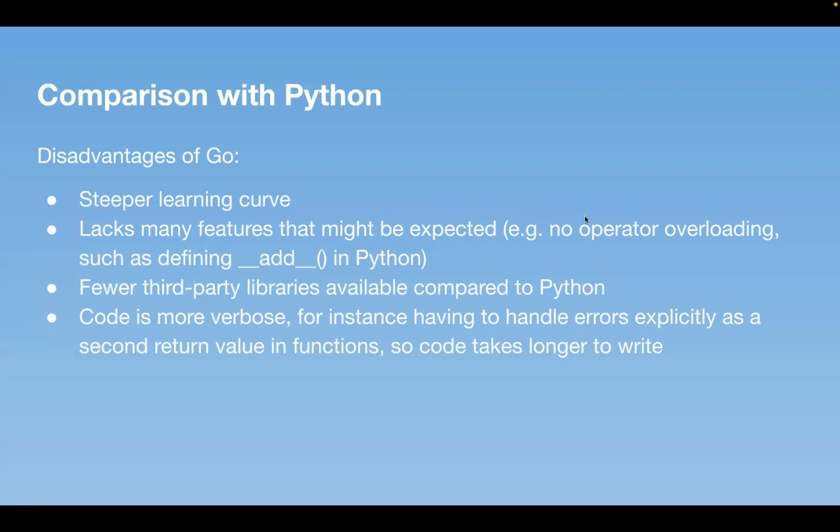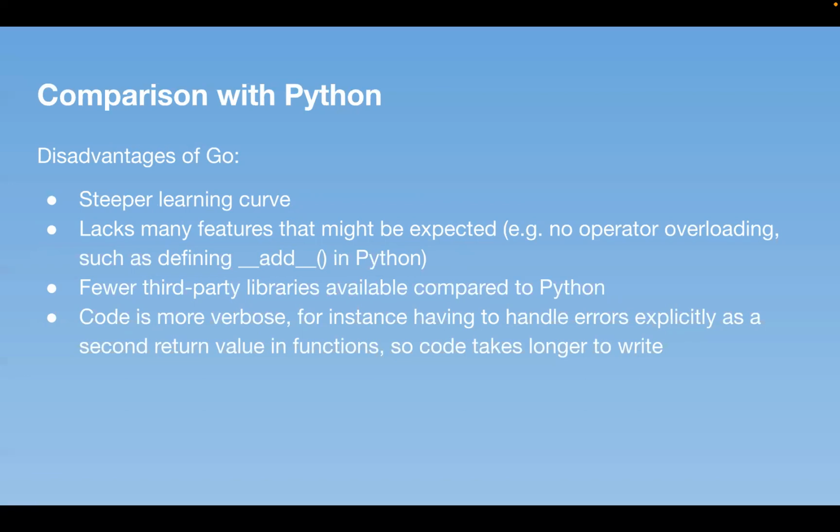In Python, when you're defining a class, you can define this __add__ method, and then you can just do one object or instance of your class plus another, and you can define that behavior. In Go, you can't do that. There are other features like generics, which is coming in Go, but various other features that it is missing compared to Python, or other languages like Java in the case of generics.